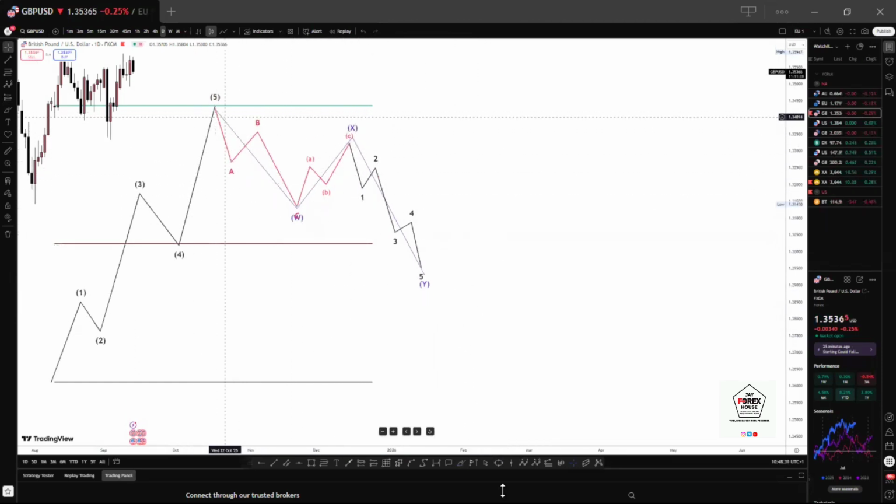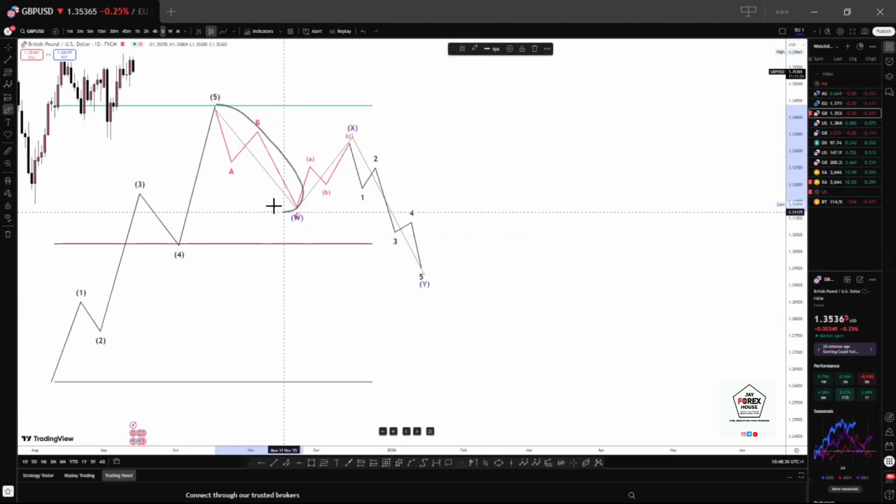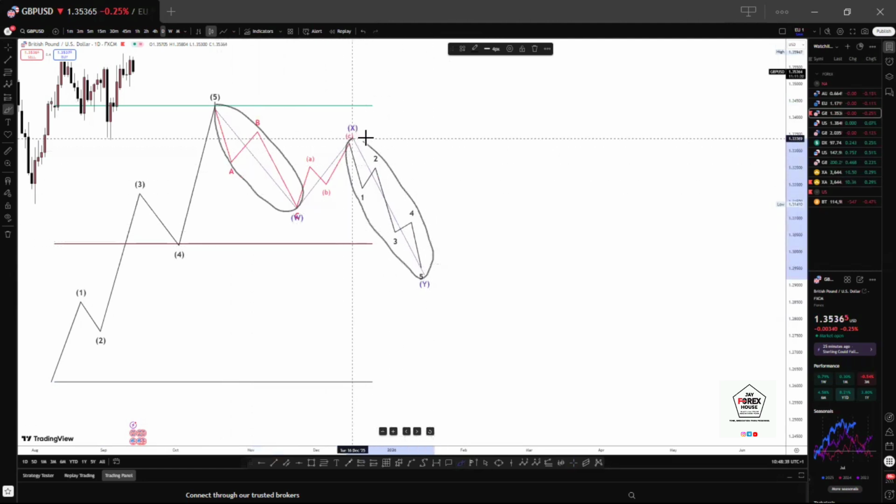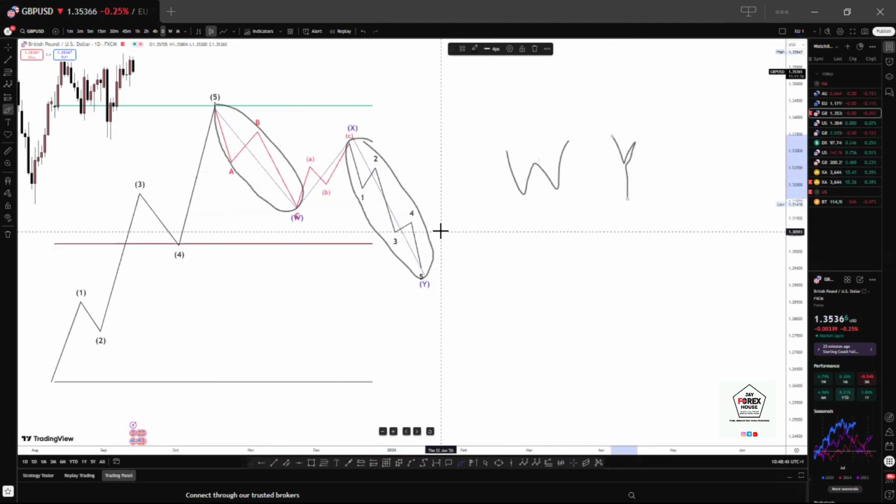Now, this pattern, like I explained earlier, can be in an impulsive form or in a corrective form. So wave W and wave Y are in the same direction. Wave X is a correction within these.